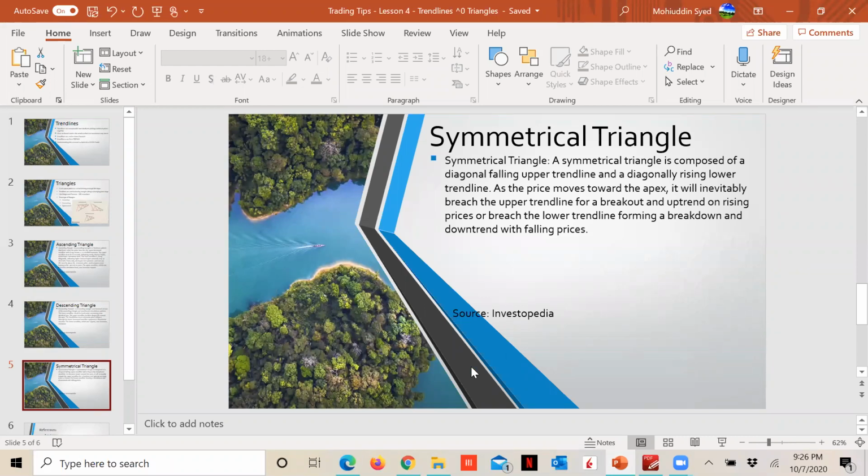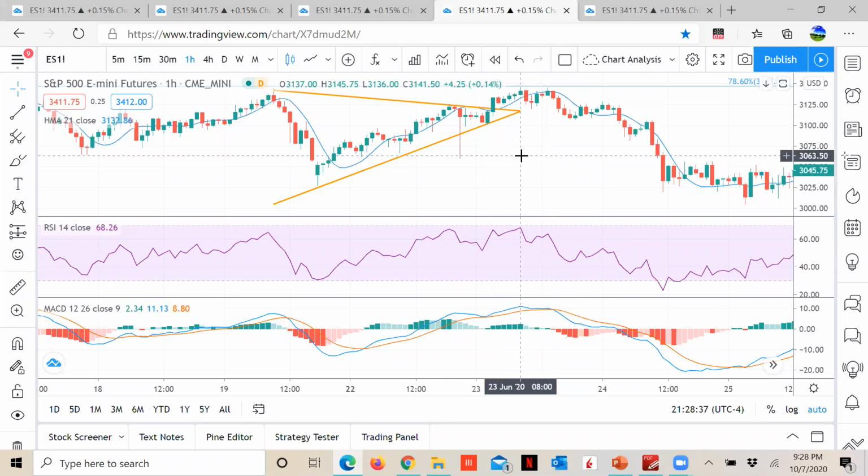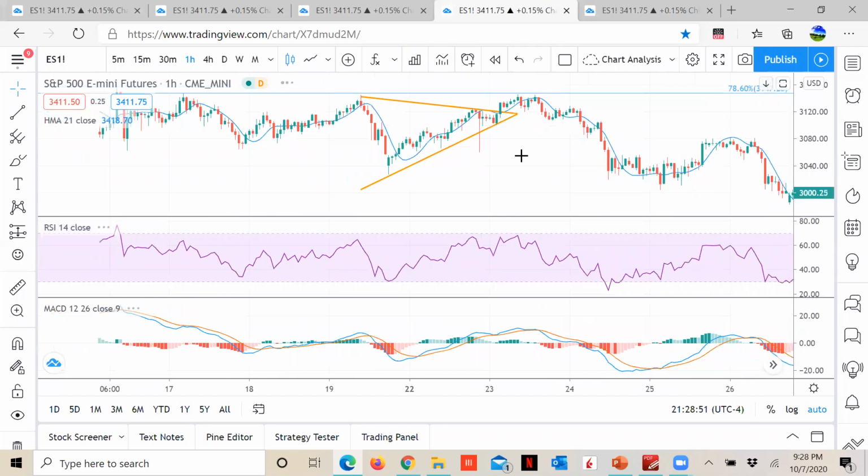Any questions on that? It will become easier. Of course, you have to keep on looking at the chart patterns to figure out what kind of pattern is forming.